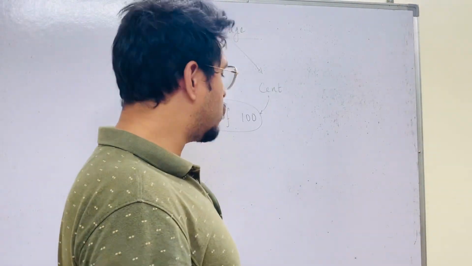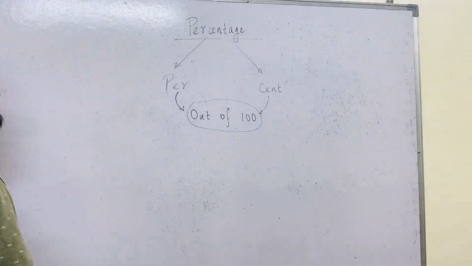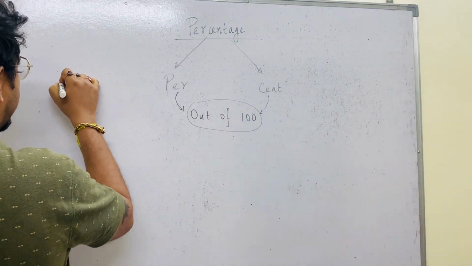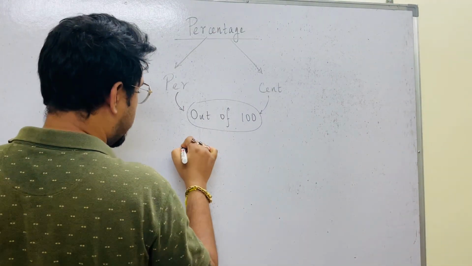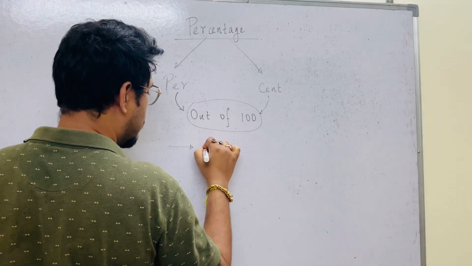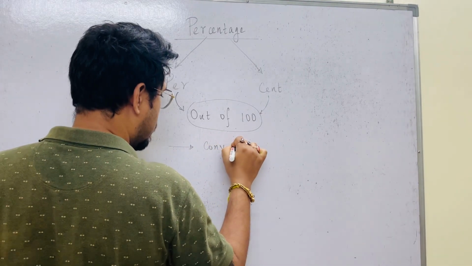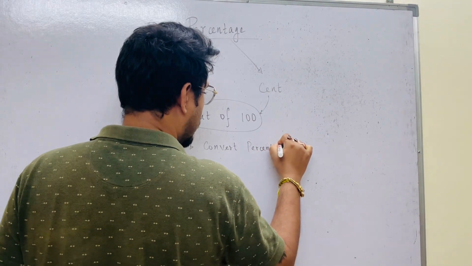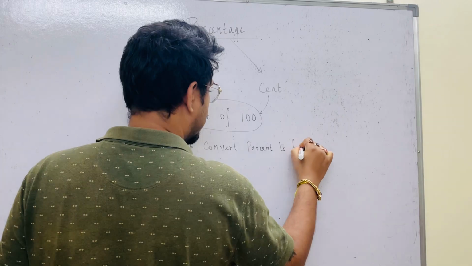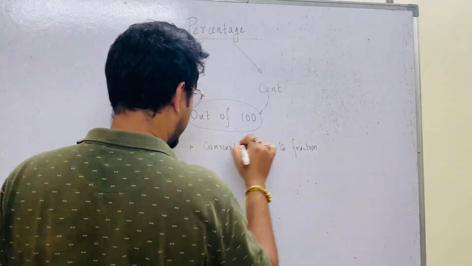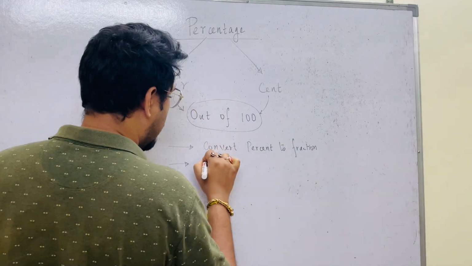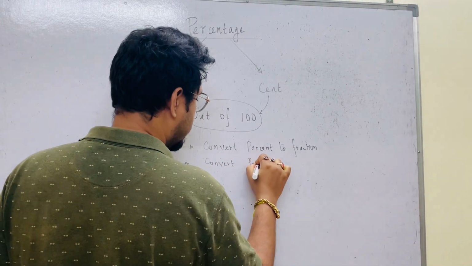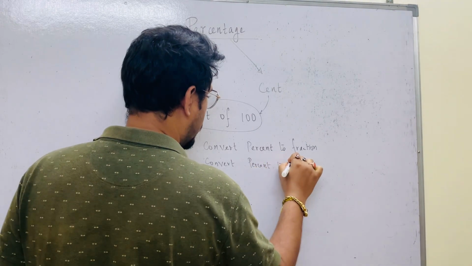Now we are going to know a few things to start with: how to apply percentages. We will start by learning how to convert percent to fraction, and number two, how to convert percent to decimal.